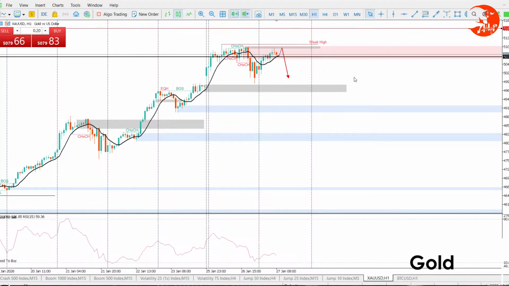So let me just make it red and increase its size to this, so that I can wait on it and see if price will actually give us another breakout to reach there, and then give us a perfect entry for the sells.